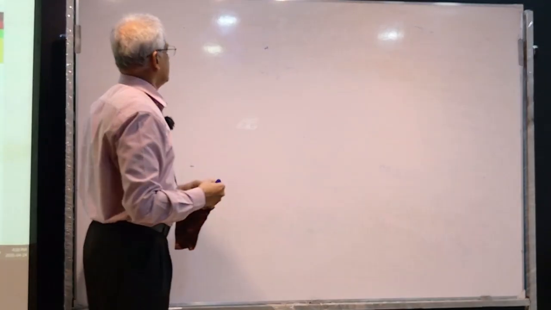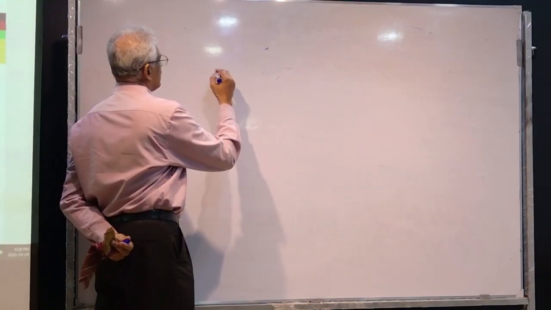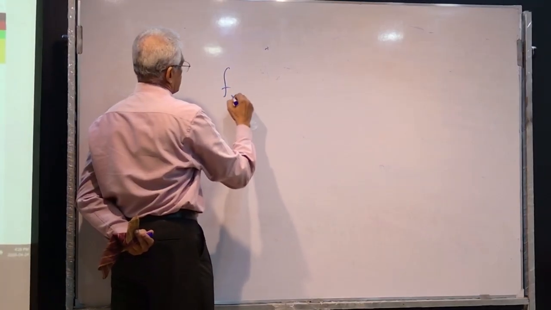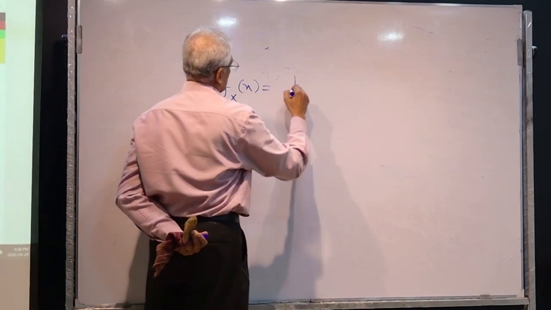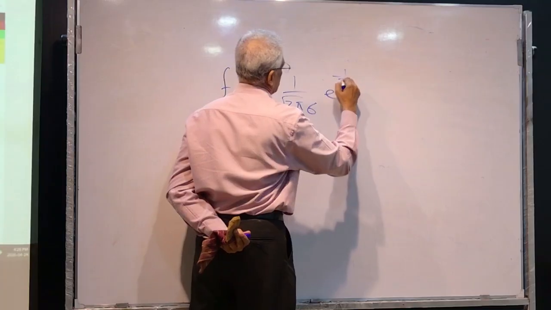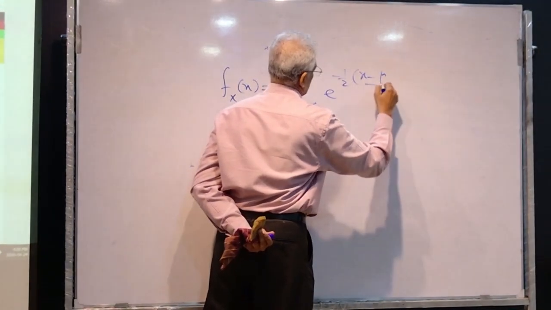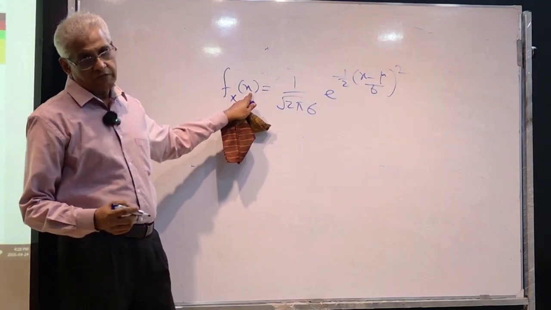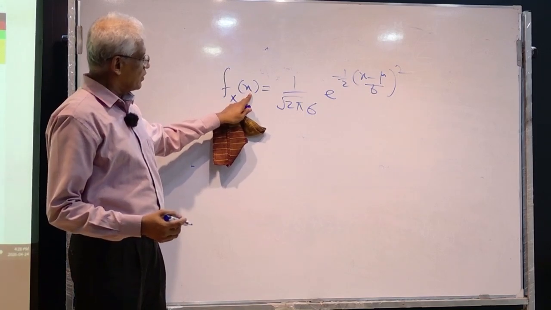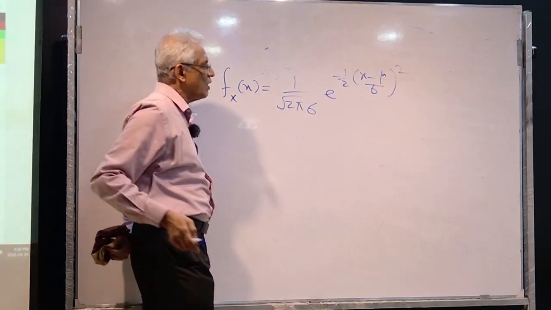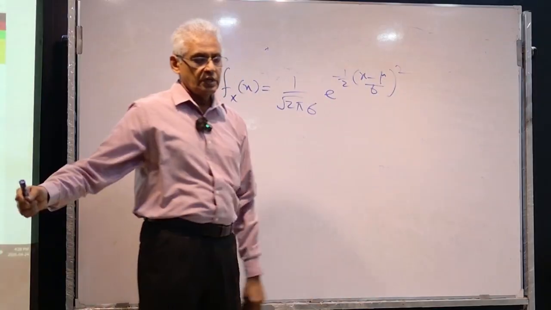So when we write down the density function for a certain random variable, usually we write it with something called parameters. The density function for the normal family will be like this: 1 over root 2 pi sigma, e to the power minus half, x minus mu over sigma, squared. Here the mathematical variable is x, but in addition to that, in this equation there is something called sigma and something called mu.